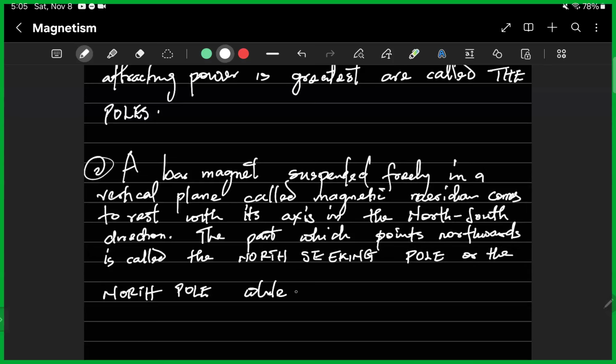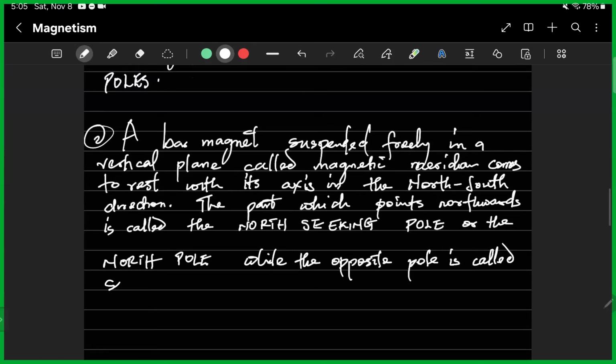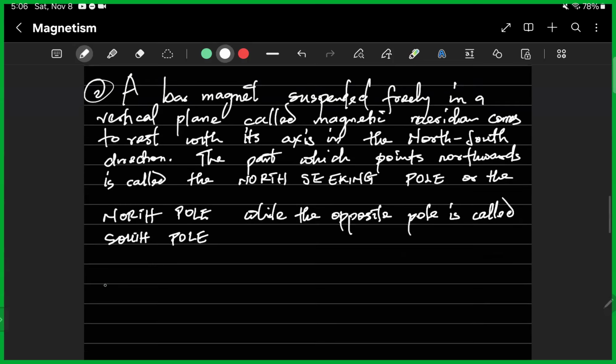While the opposite of that is the south pole. So please keep all of these statements and characteristics in mind. It's your duty to reread them, memorize them, understand them. We'll give diagrams to express this.